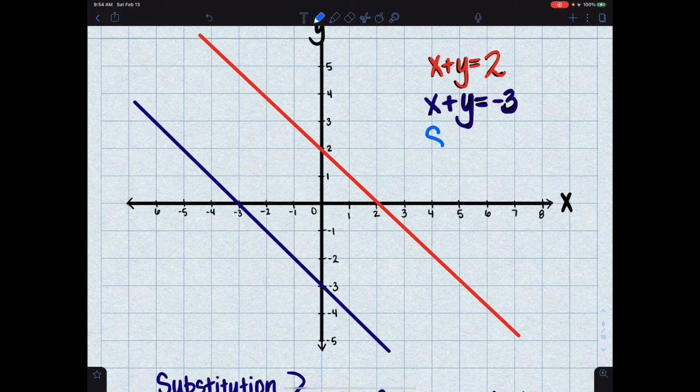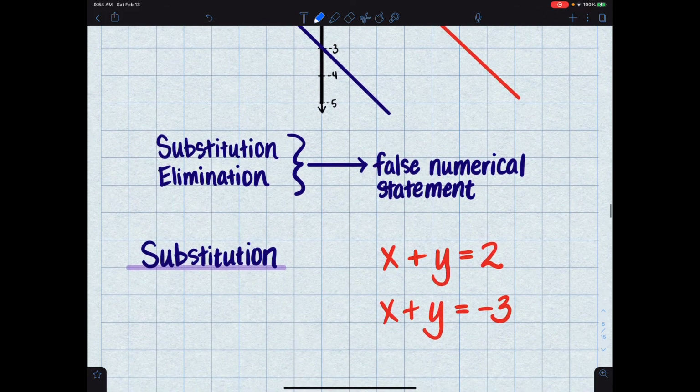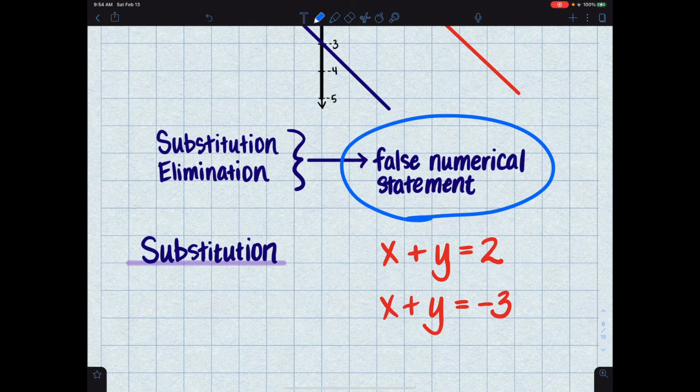They're called the substitution method and, what's the other one? Elimination. Let's say we were to try substitution or elimination when you've got inconsistent equations. Well, let's try it. You will get a false numerical statement.